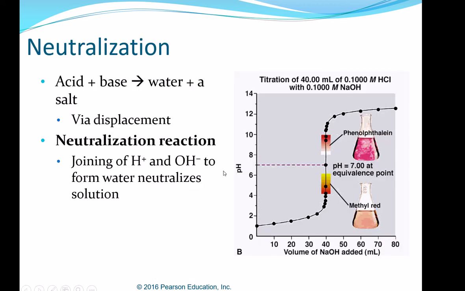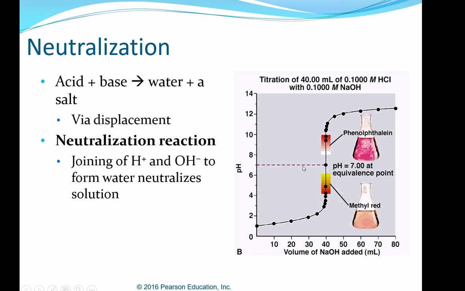When acids and bases combine, what we get very often is something called neutralization. We get at the end of the reaction water and some sort of salt. And that's what you're seeing here with what we call a titration curve. You can see at this point here, what we call the equivalence point, we have about equal amounts of hydrochloric acid and sodium hydroxide, and they've basically canceled each other out.